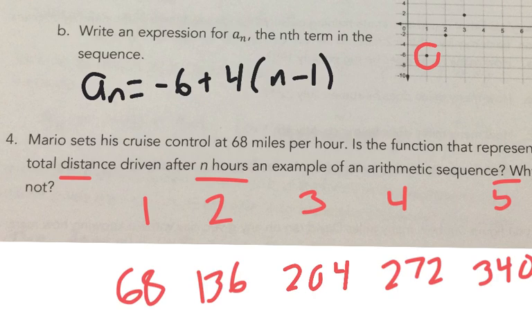Is this an arithmetic sequence? No. Why? Because he has to get up to 68 miles per hour. It has nothing to do with speed.